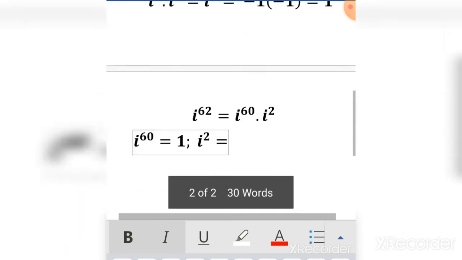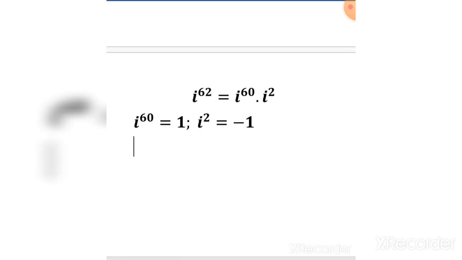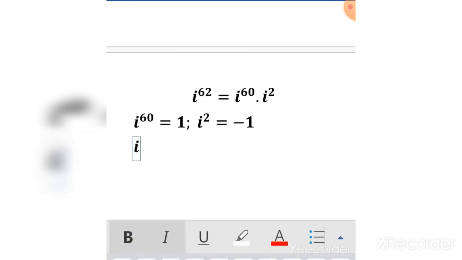So i to the power of 62 is equal to 1 times negative 1, which is negative 1.